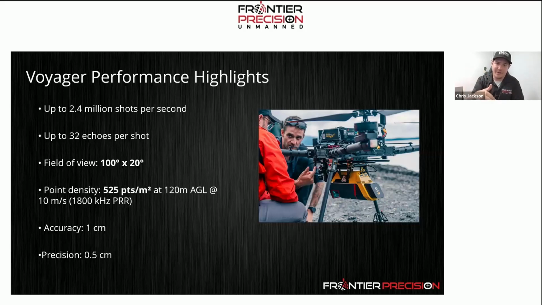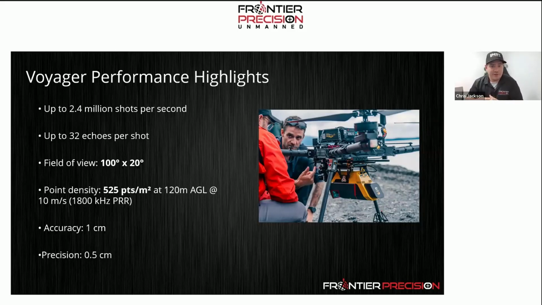So you're not getting anything on the actual ground. Having 32 echoes gives that laser beam a lot more opportunity to hit vegetation, branches, trunk, and make it to the ground to actually give you your ground point. So in those highly vegetated areas, the number of echo returns that you have has a big impact on how well you're going to actually get data on the ground.